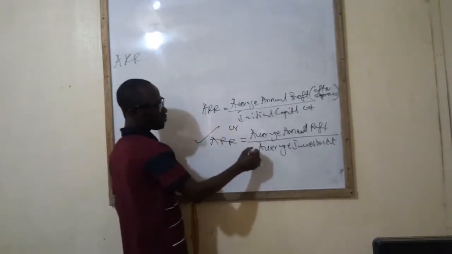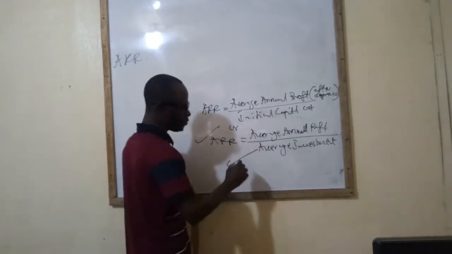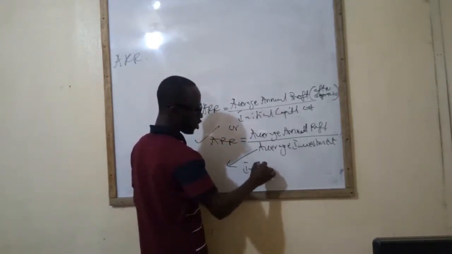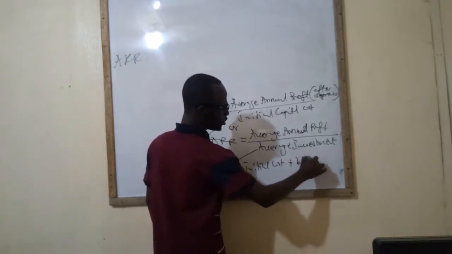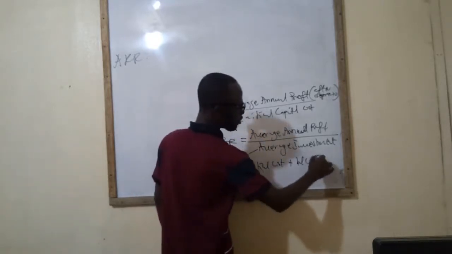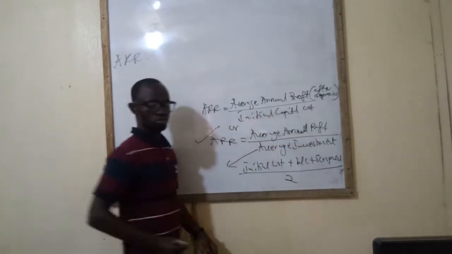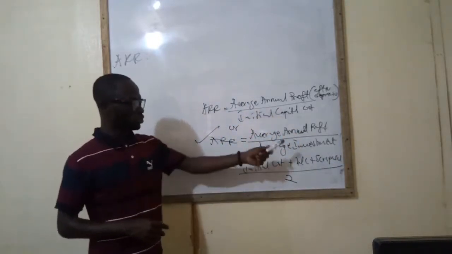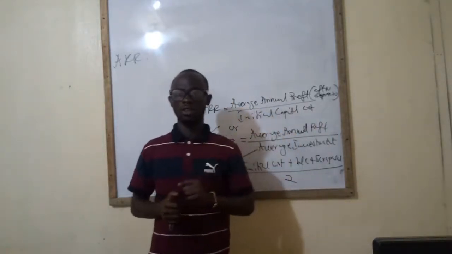Now, the average investment simply means the initial cost plus working capital, if there is any, plus the scrap value of the assets, divided by 2. This is very important. It means: what is the initial cost we are incurring on the asset?